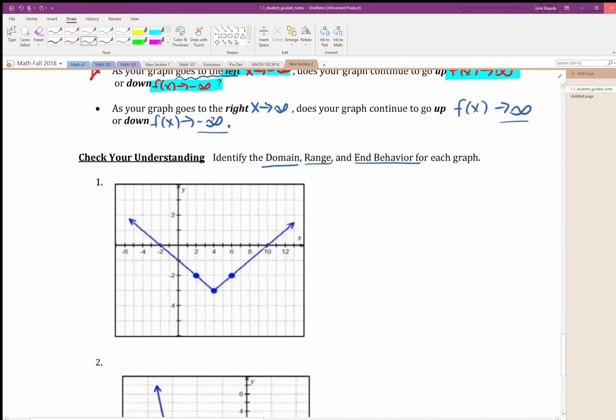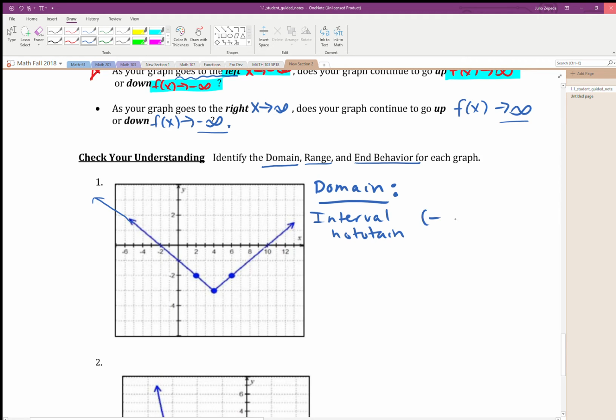I'm going to go ahead and start off with the domain. Recall that when you're looking at the domain, you're basically deciding how far to the left does my graph go. I can see here on the left side, my graph has an arrow that's continually pointing in the leftward direction. So my leftmost point here is going to be negative infinity.